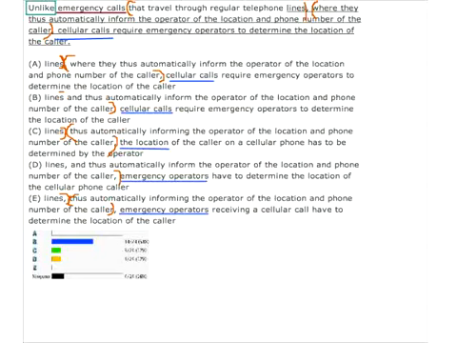So the intended comparison is cellular calls are not like emergency calls. You can tell that this sentence is old because cell phones are not actually like this anymore, but it's beside the point. So it's definitely not a comparison between emergency calls and people.